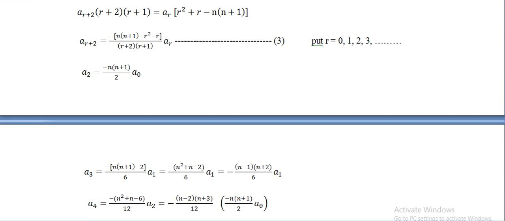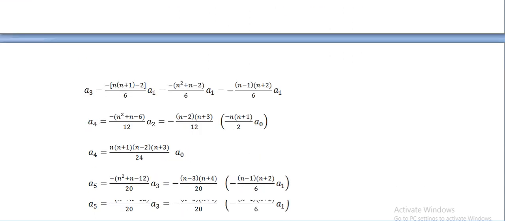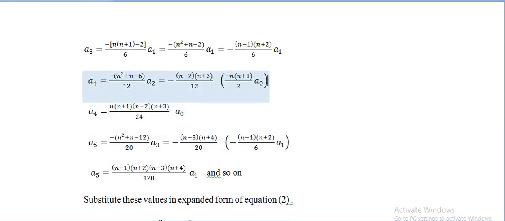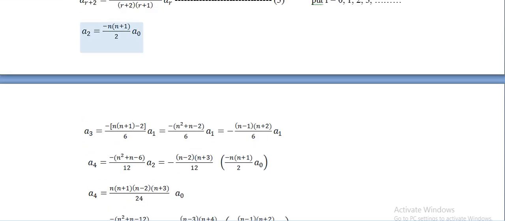r equal to 2 in equation number 3, which gives a4. So a4 is similarly minus (n² + n − 6)/12 a2. After factorizing the numerator, it becomes (n − 2)(n + 3)/12 into a2, and our a2 value is minus (n + 1)/2 into a0.